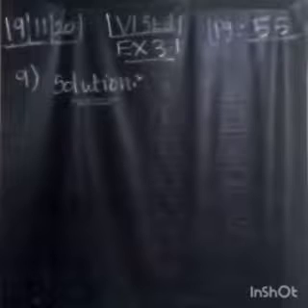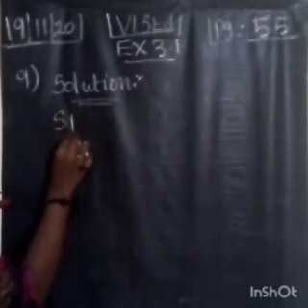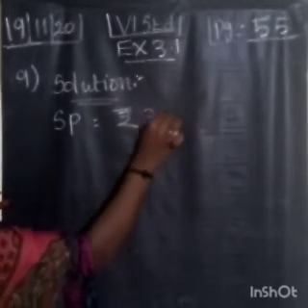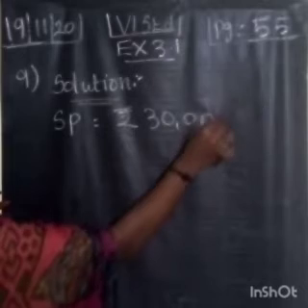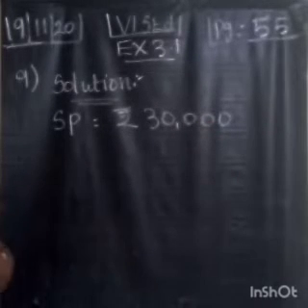In this word problem, they are given that Valanmadi sold her pearl set for rupees 30,000. So here, selling price is rupees 30,000, and profit is rupees 5,000.